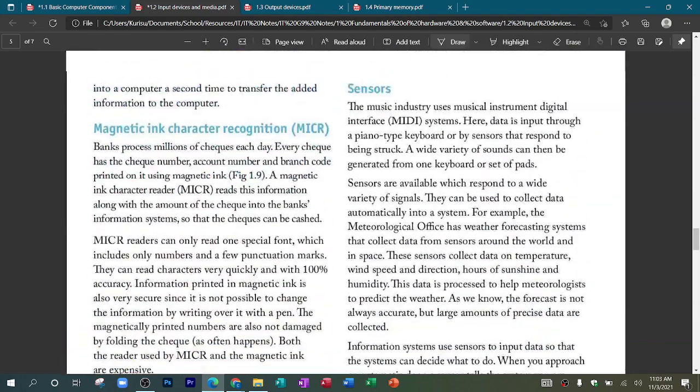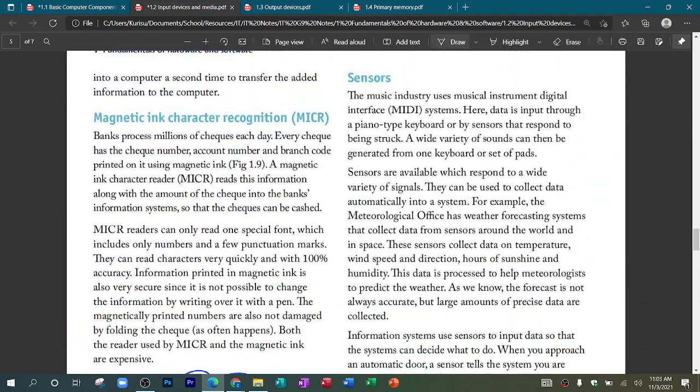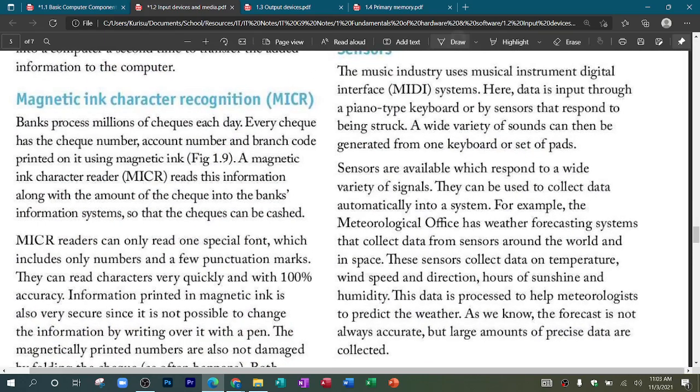And I think the last direct data entry device is the sensors. We have different types of sensors. We have music sensors, that's called MIDI, musical instrument digital interface. And we also have sensors for weather forecasting, sensors for temperature, wind speed, direction.